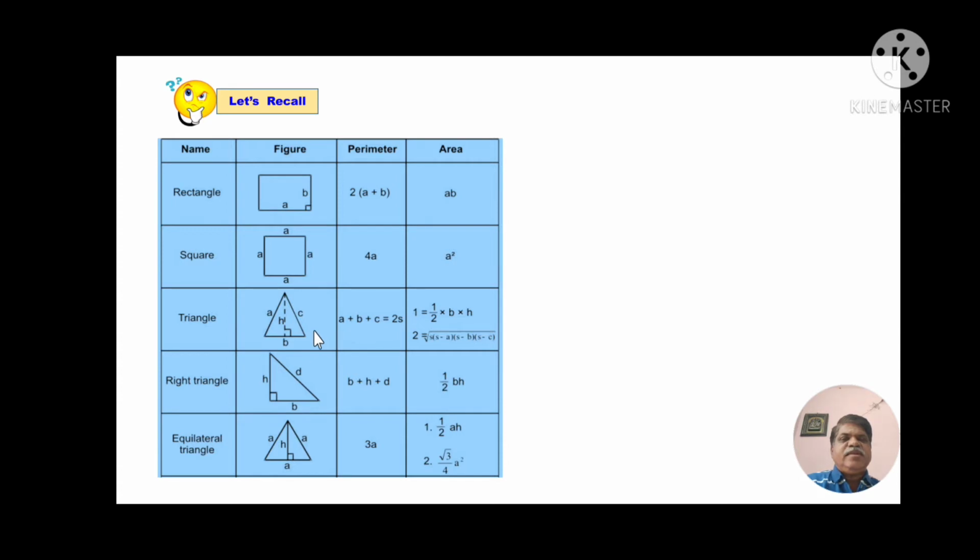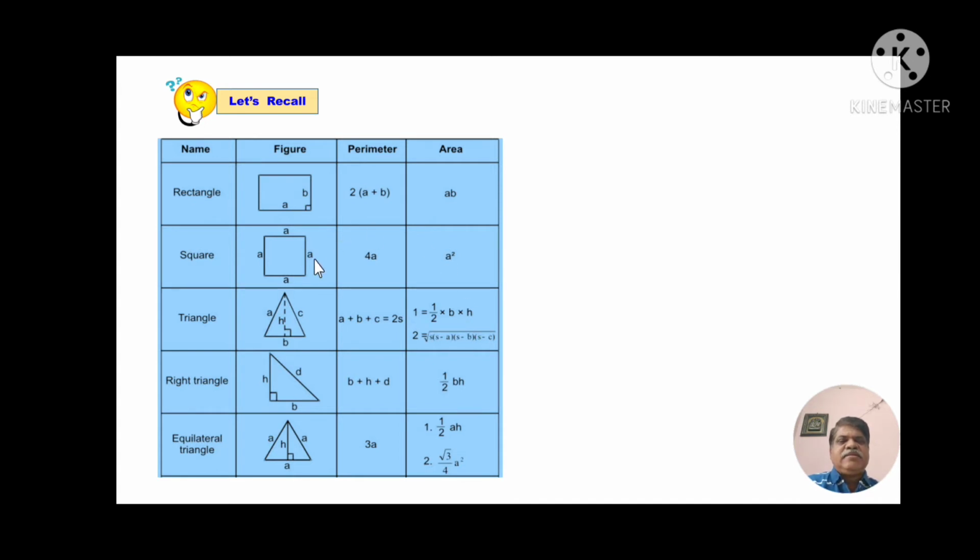If we consider this to be a scalene triangle having sides a, b, c and no height, at that time its perimeter will be a plus b plus c and area will be square root of s into (s minus a) into (s minus b) into (s minus c). Friends, here s is the semi-perimeter of the triangle.